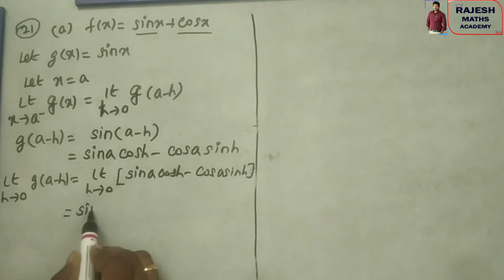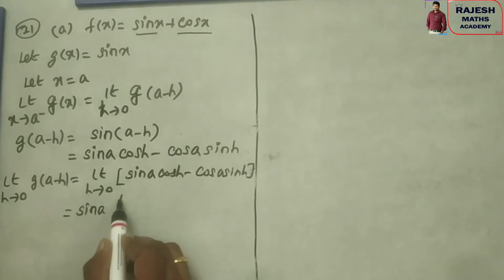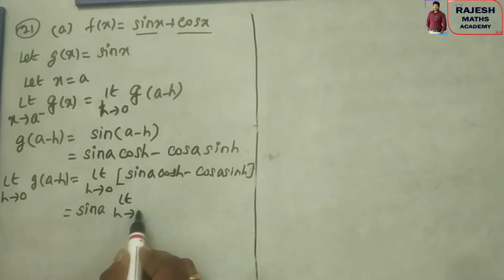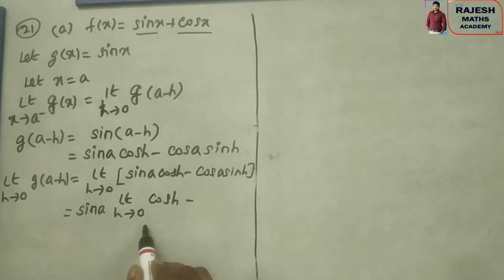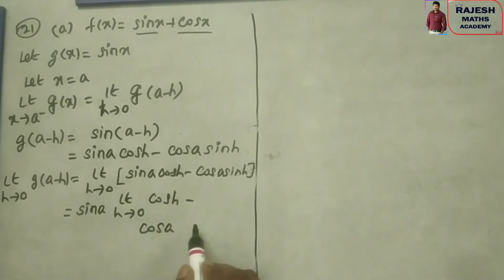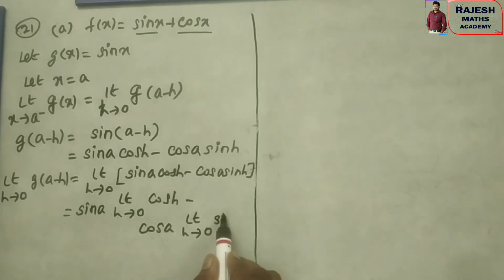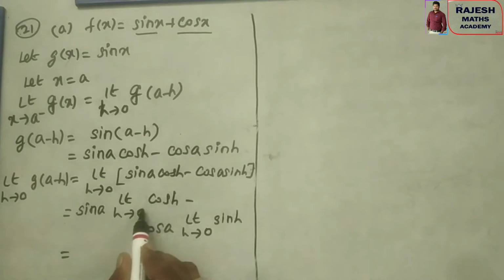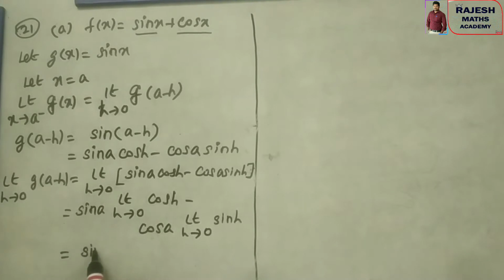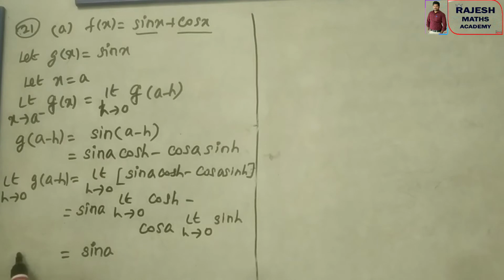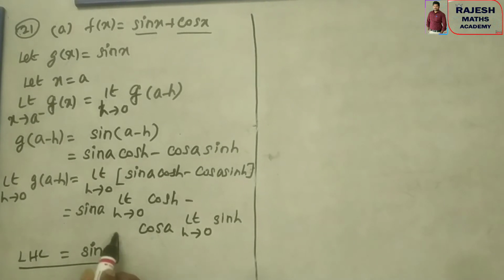Sin a is independent of h, so it is taken outside, remaining limit h tends to 0 cos h. Similarly cos a is independent of h, taken outside, remaining limit h tends to 0 sin h. Now applying h equal to 0, cos 0 is 1, and sin 0 is 0, so I will get sin a. So my LHL equal to sin a.